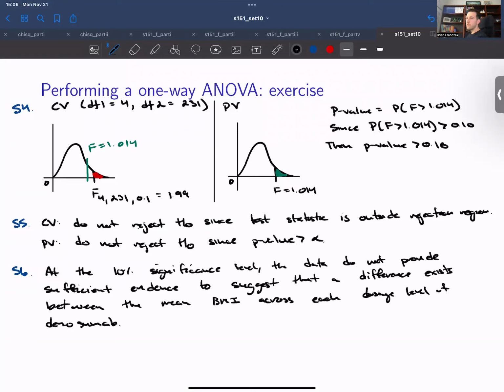So in this case, we found no evidence of a difference. So we would just say that there's no evidence to suggest that there's a difference in mean BMI across those 5 levels of the drug that was administered.